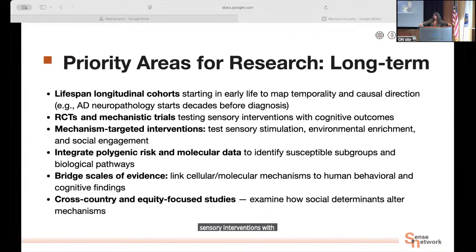We need mechanism-informed interventions, looking at sensory stimulation, environmental enrichment, and social engagement. We need to integrate polygenic risk and molecular data to identify susceptible subgroups and biological pathways. We really need to scale levels of evidence. This is a tall order in terms of linking cellular and molecular mechanisms to human behavioral cognitive findings, and then embedded in people's preferences. We need more cross-country and equity-focused studies.